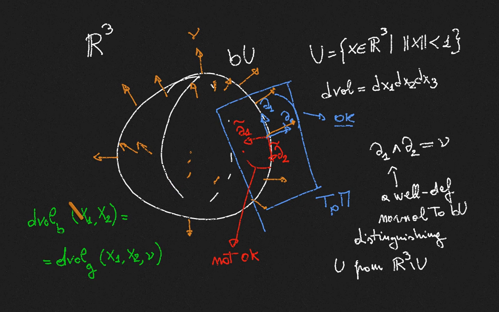And so the area on the tangent space at the sphere is just the volume in R3 with the last vector taken as the unit normal. So if you generalize this construction, I don't want to be too precise, but I hope this picture helps understanding what is happening.